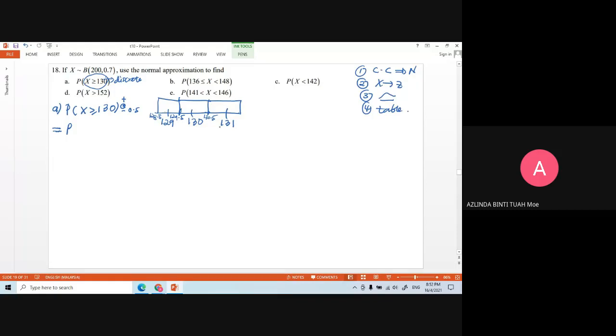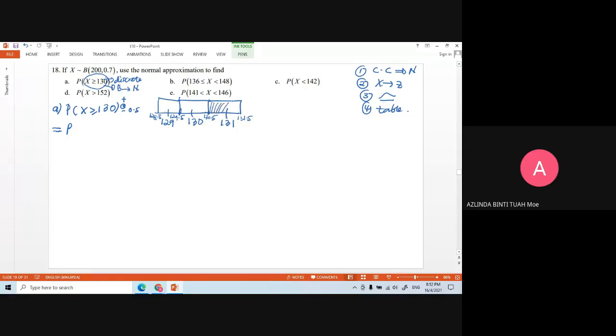Dan tadinya binomial nilai dia 131, bila dia masuk normal nilai dia akan jadi 130.5 sampai 131.5. So soalan dia nak binomial yang greater or equal to 130. So 130 dalam binomial masuk ke dalam normal, dia jadi apa? 130.5.